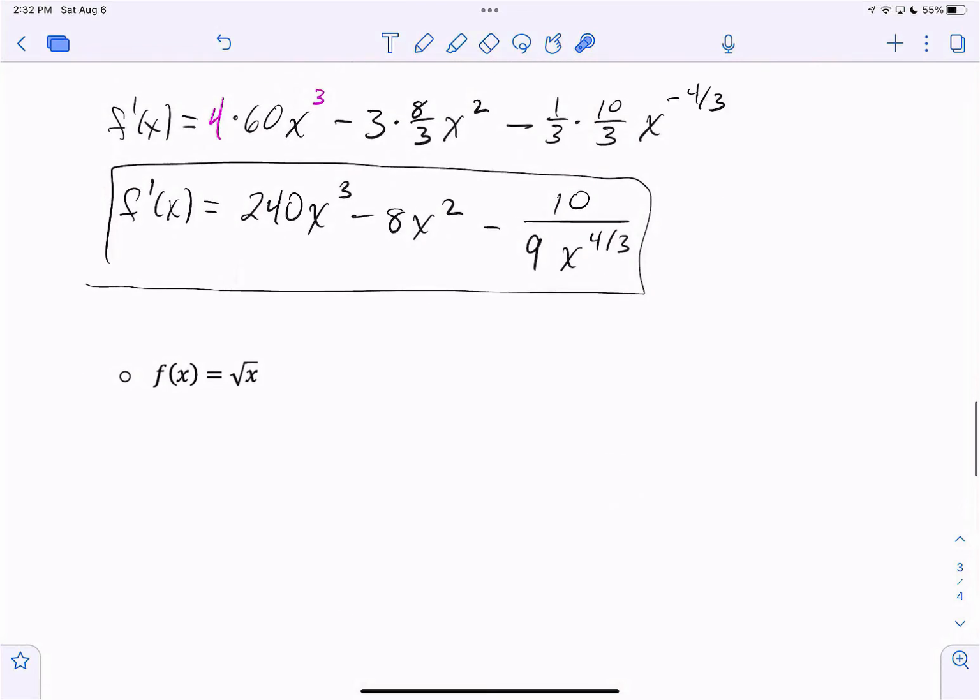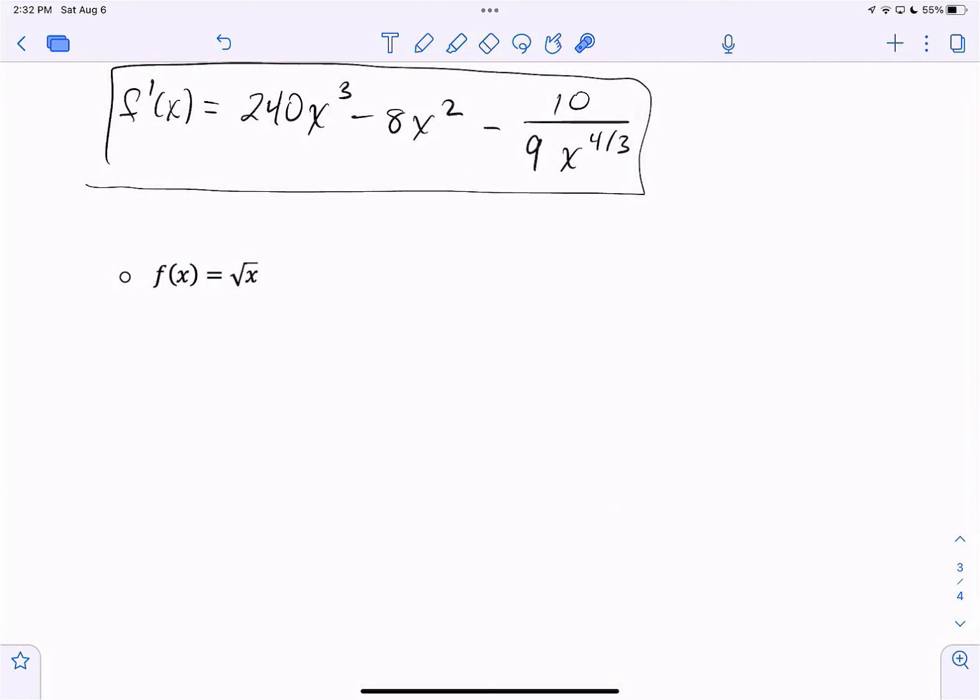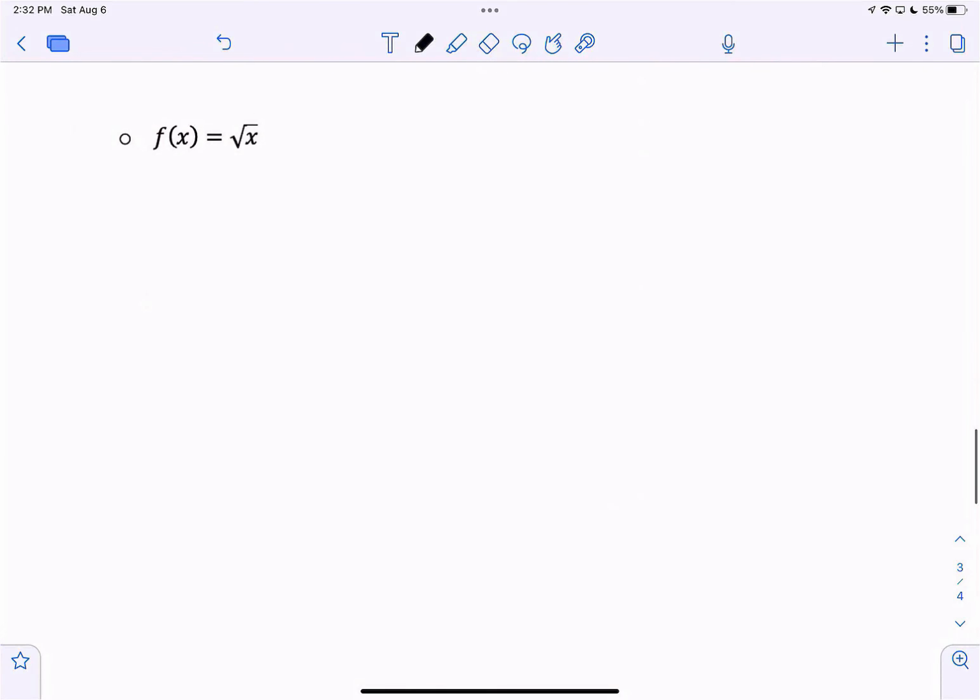Next up, same instructions. We're going to find the derivative for f of x equals the square root of x. We didn't have a root rule or a radical rule, but we do have a power rule. So I'm going to express the square root of x as x to the 1/2.